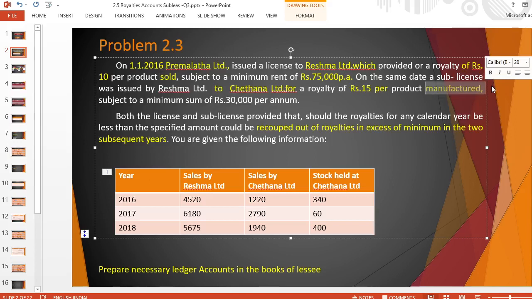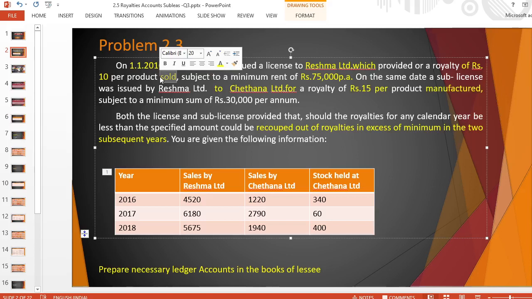For that reason, we calculated a separate table there, that is royalty due by lessee and sublessee. But here, no need to prepare such a table. The reason is that here the main lease is based on sales. In case of sales, you know that we directly transfer the royalty amounts to profit and loss account instead of production account.